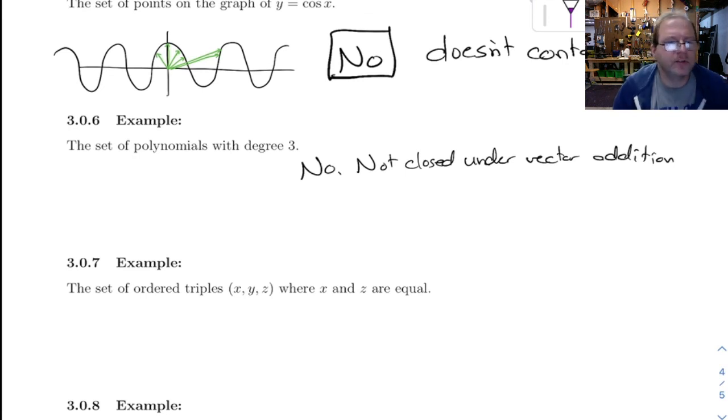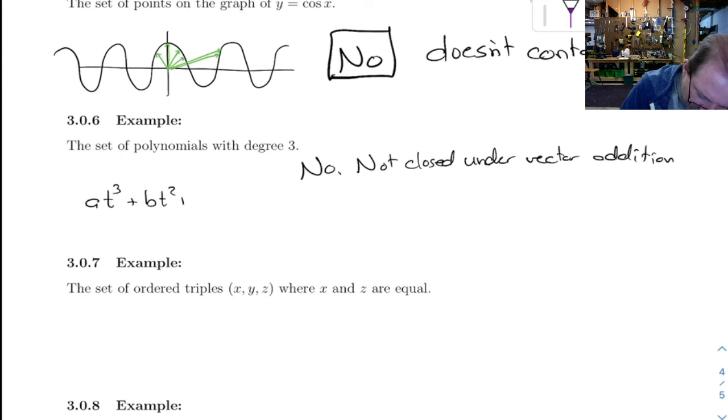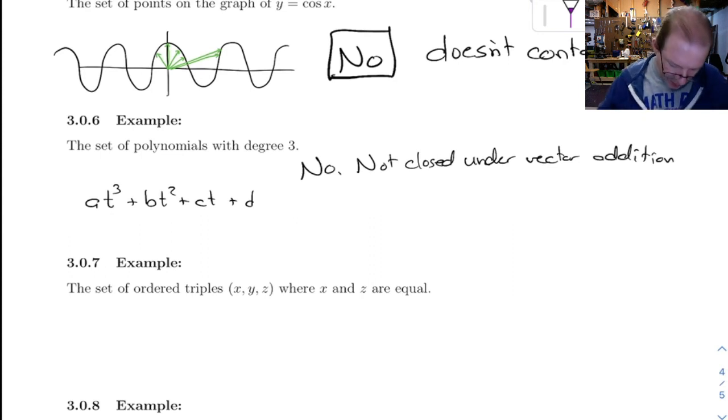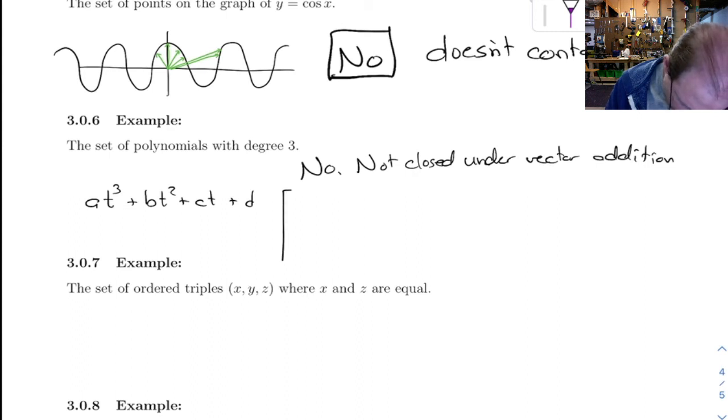Because when we're talking about polynomials with degree 3, if you think about what they look like, they look like this: a t cubed plus b t squared plus c t plus d. You could also rewrite this as a vector that's just a, b, c, d.